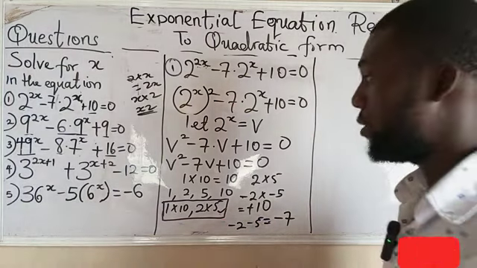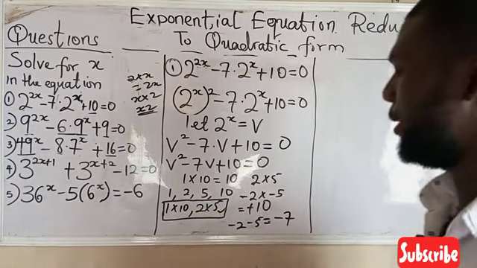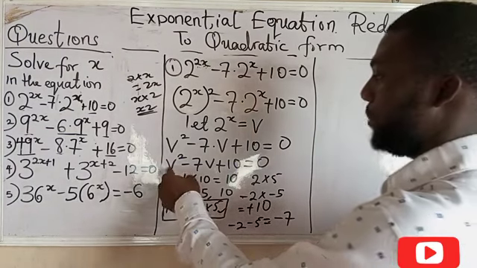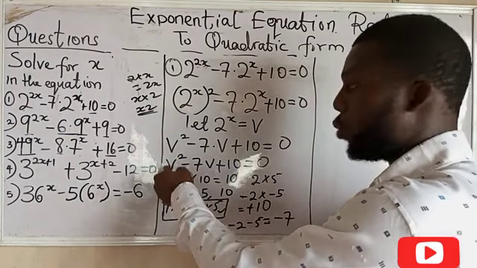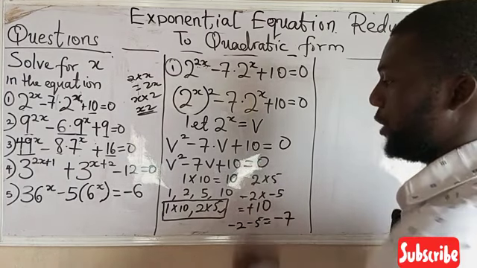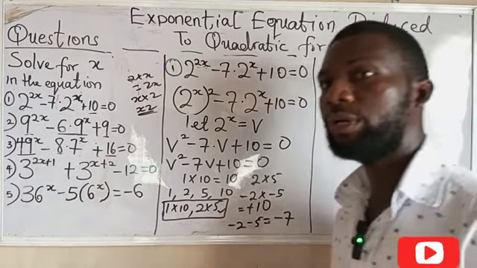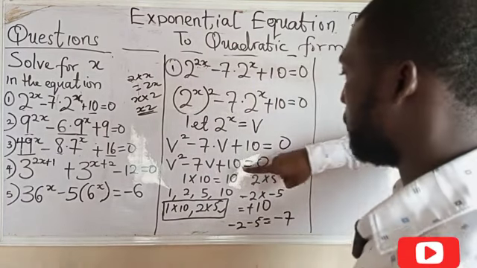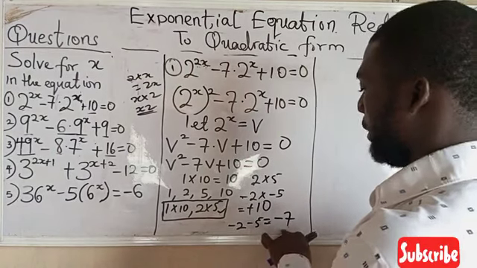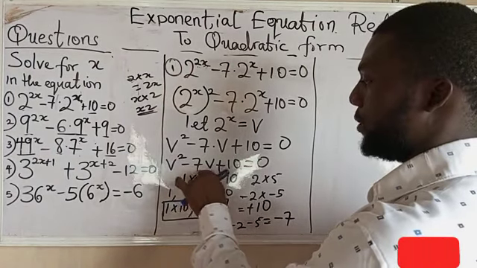Now let me summarize this again. The first step is to multiply the coefficient of the first term, which is 1, and the constant term, that is 10. When you multiply them together, you then find two numbers that when you multiply them, give us this last term, and when you add them, give us the middle term, which is minus 7.